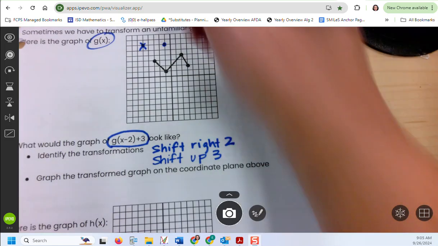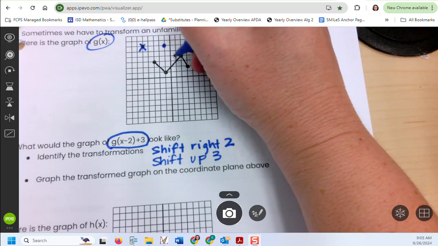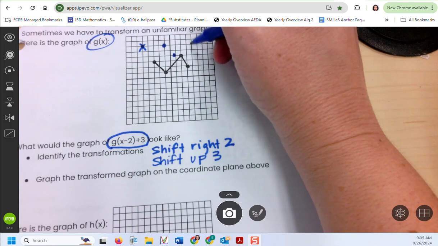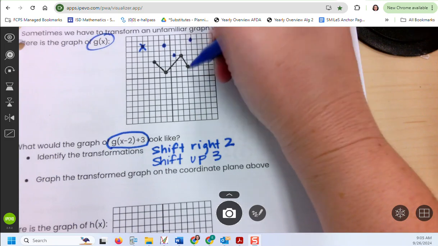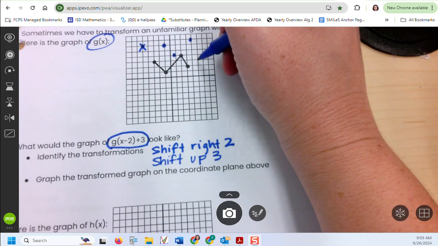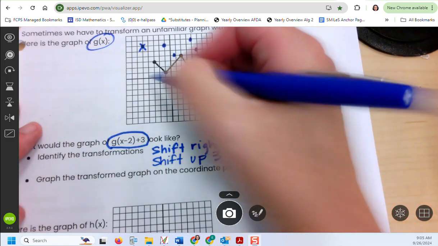Then you're going to do the same thing with the next point. Right 2, and then up 1, 2, 3. Right 2, up 1, 2, 3. And then right 2 and up 1, 2, 3. All right, now those points, you want to connect them in the same pattern.